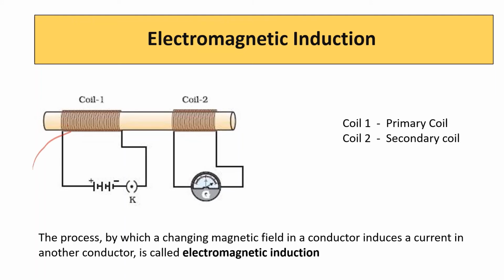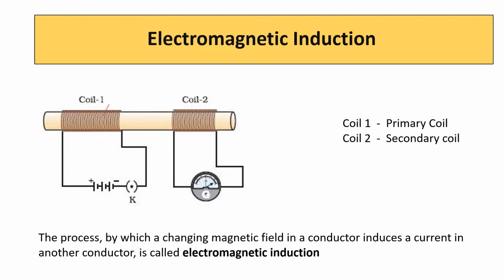In this diagram, you can see two coils. Coil 1, which is the primary coil, and coil 2, the secondary coil. Coil 1 and coil 2 are wound over the same iron core. Coil 1 is connected to a battery and a key. Coil 2 is connected to the galvanometer. When the current through this coil changes, the magnetic field associated with this coil also changes.